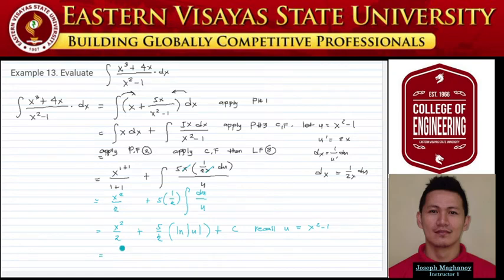So finally, our final answer is x squared over 2 plus 5/2 ln absolute value of x squared minus 1 plus c. Okay, so this is our final answer.